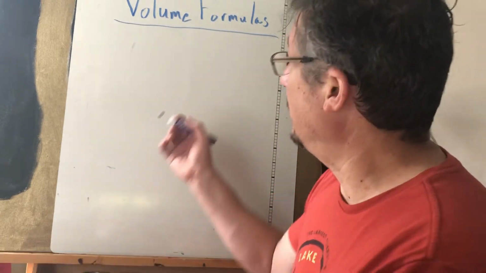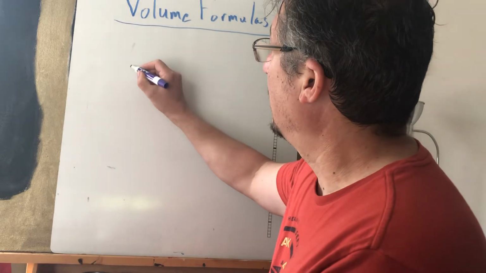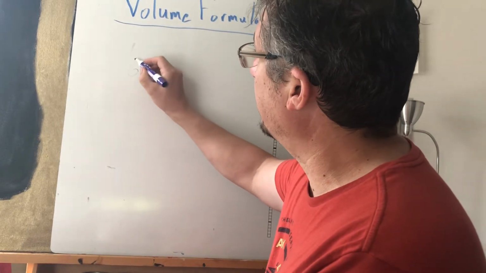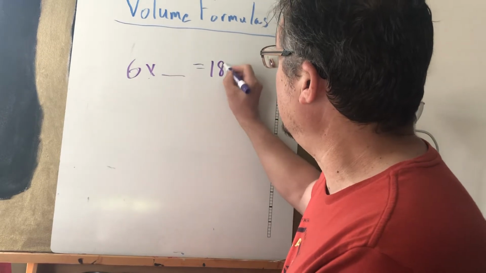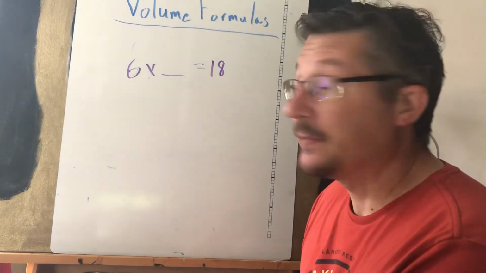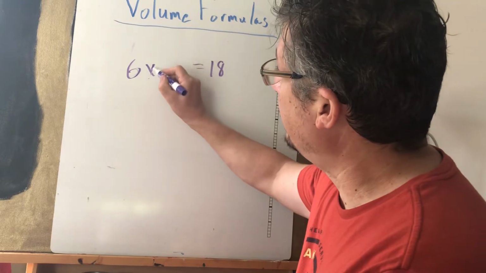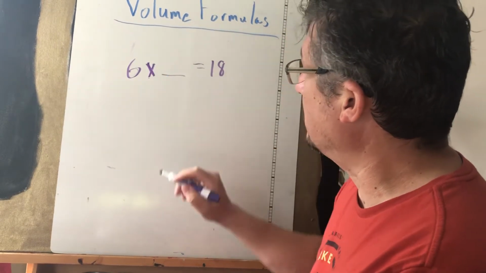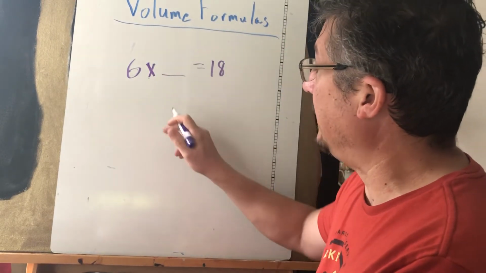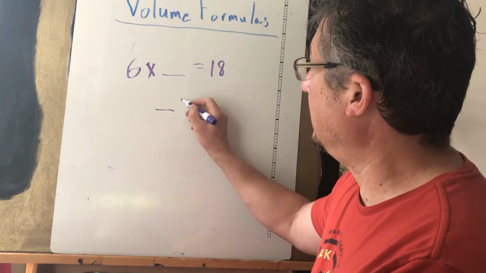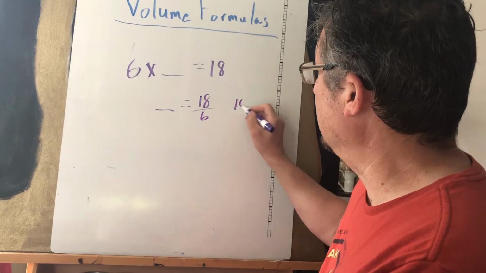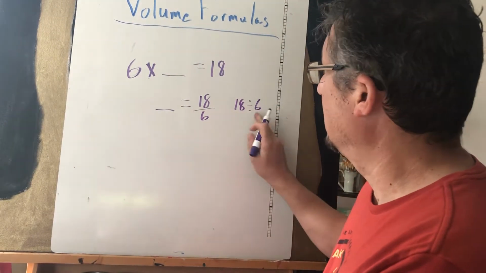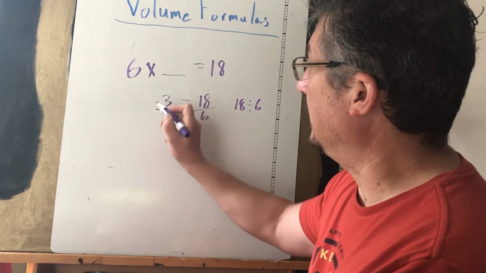If I have 6 times blank equals 18, it's the same type of problem. I ask myself, what times 6 equals 18? Or 18 divided by 6. Blank equals 18 divided by 6, so that would be 3.